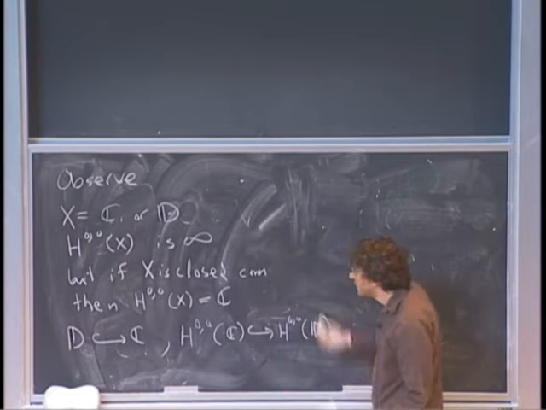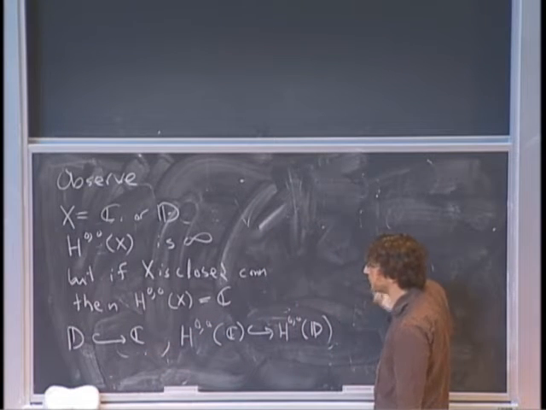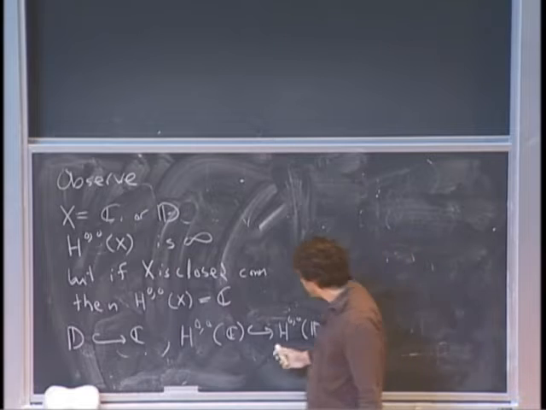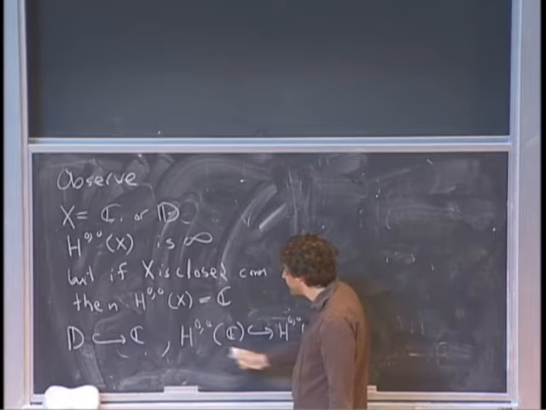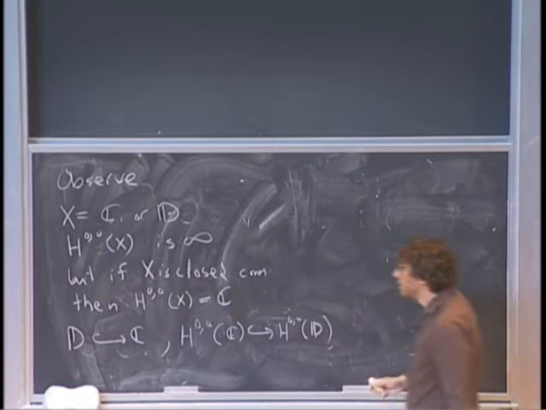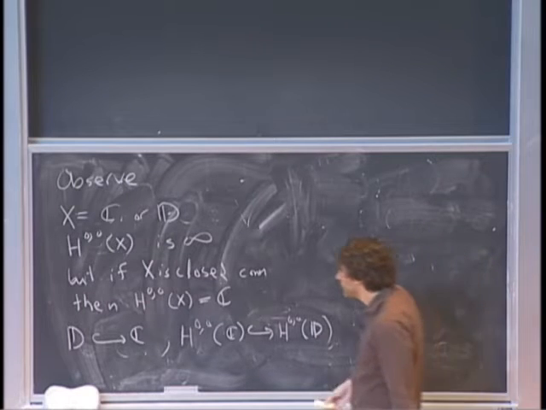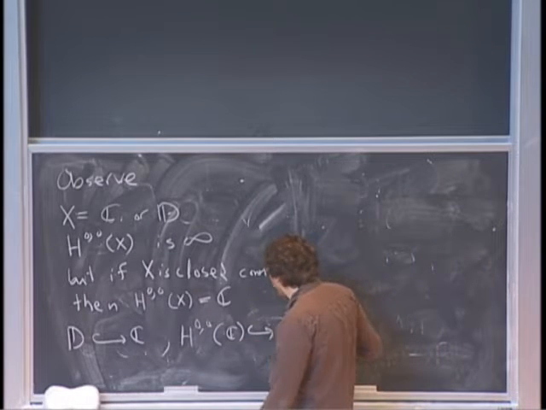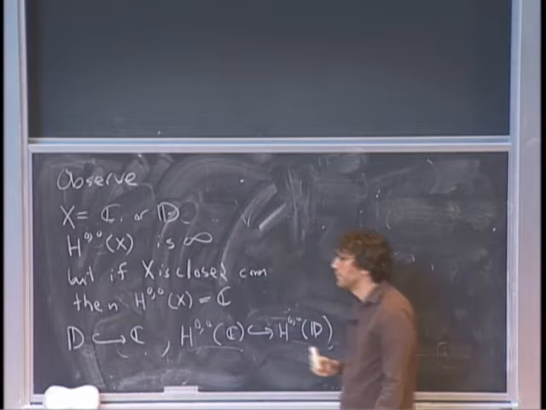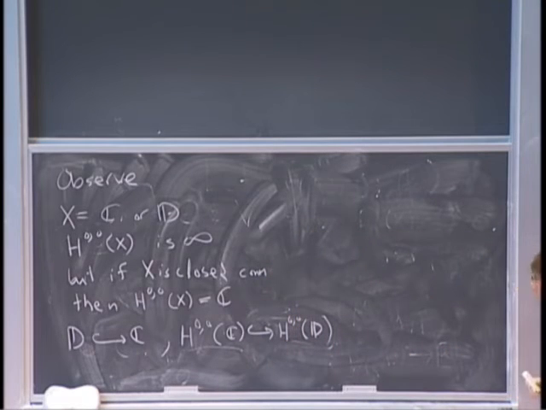For instance, any function that had a pole outside of D would be in the space on D when you restricted it, but would not come from C. So in this sense, the space of holomorphic functions of the disk is strictly bigger than the space of holomorphic functions of the complex plane.